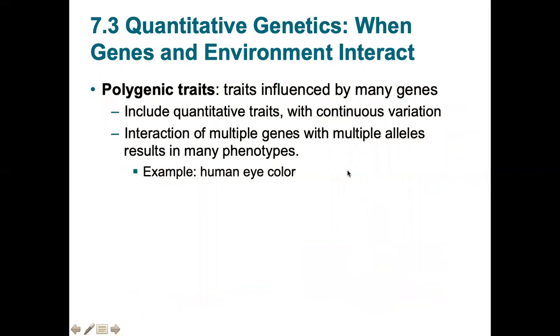And then you can have things that are polygenic, so more than one gene influences the phenotype. Eye color is one. Because you know there are multiple colors for eyes, right? You have blue, brown, green, hazel, gray.